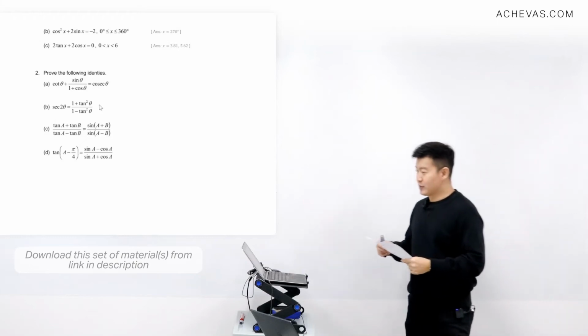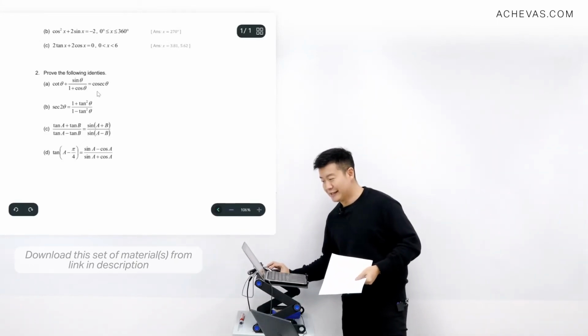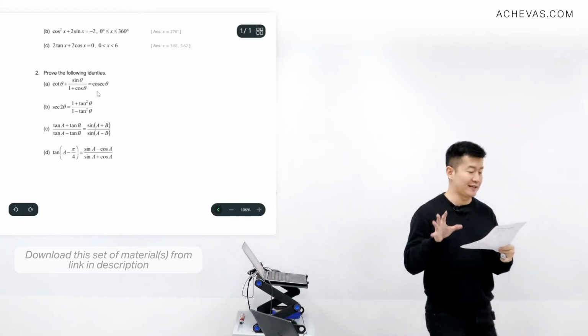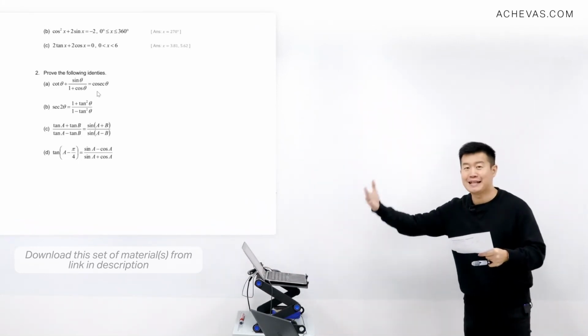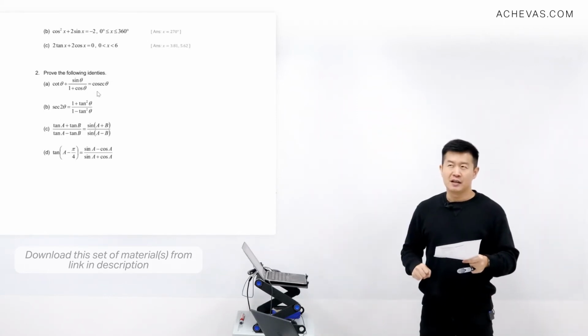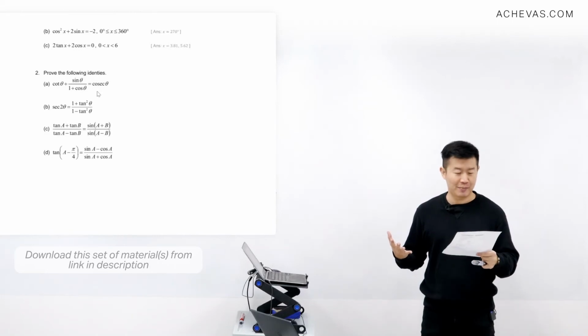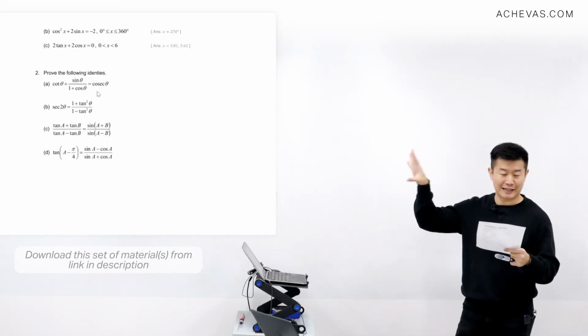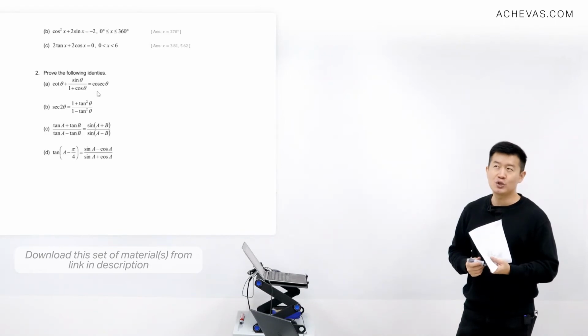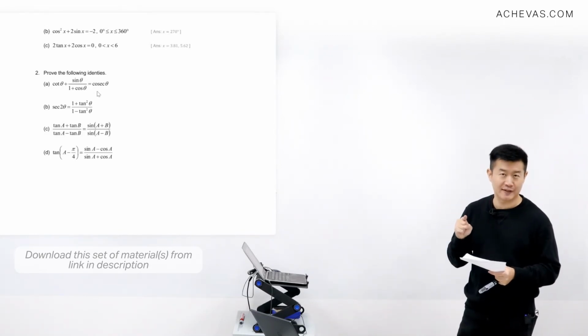So in 2a, we are supposed to prove that this thing on the left-hand side is equal to this on the right-hand side. Okay, we are going to make use of the list of identities to prove these identities. And maybe a good enough general rule that we can make use of when we want to prove identities is we are usually going to pick and start with the more complicated looking side.